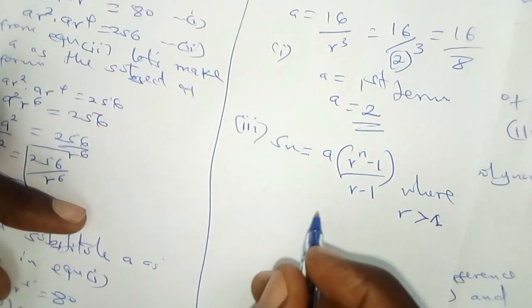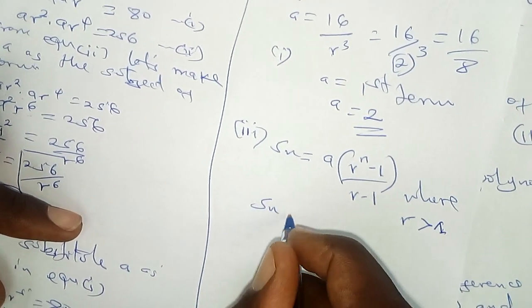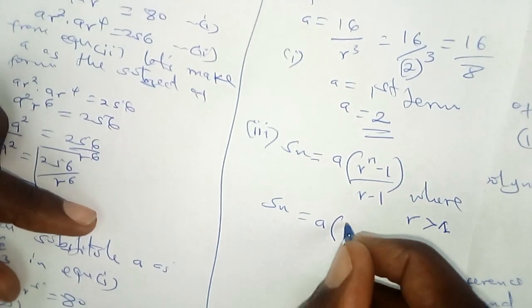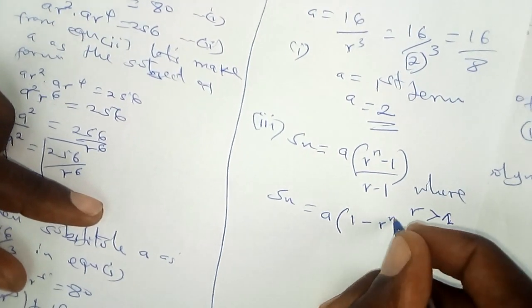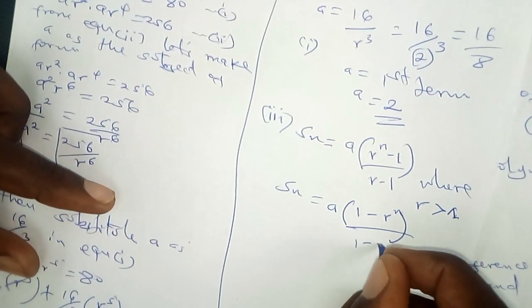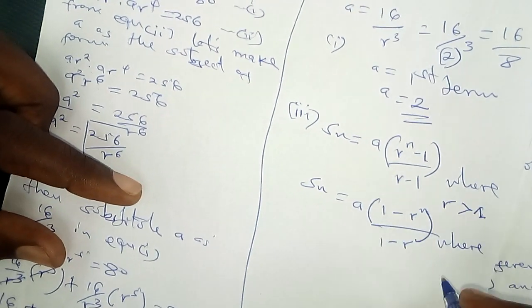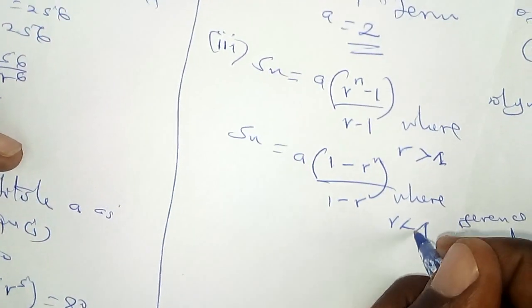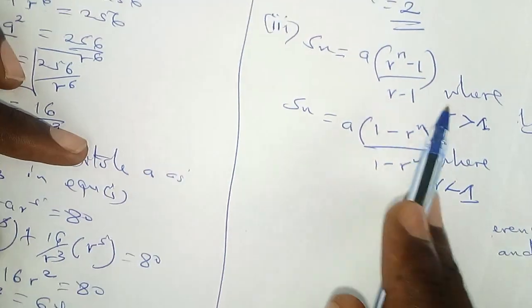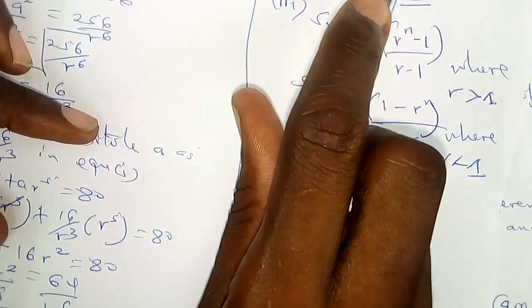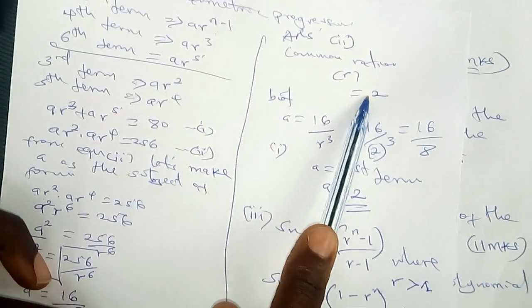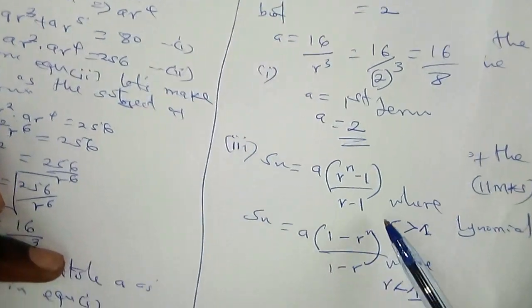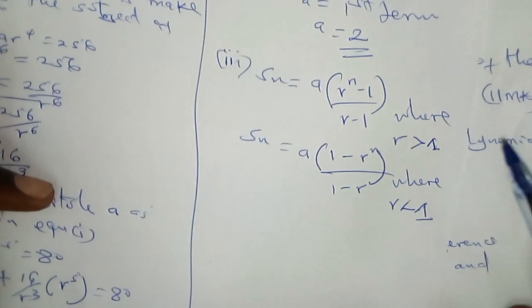But when R is less than 1, we have the formula Sn is equal to A into 1 minus R raised to n all over 1 minus R. So for our case, R was 2, so we use the first formula because R is greater than 1.